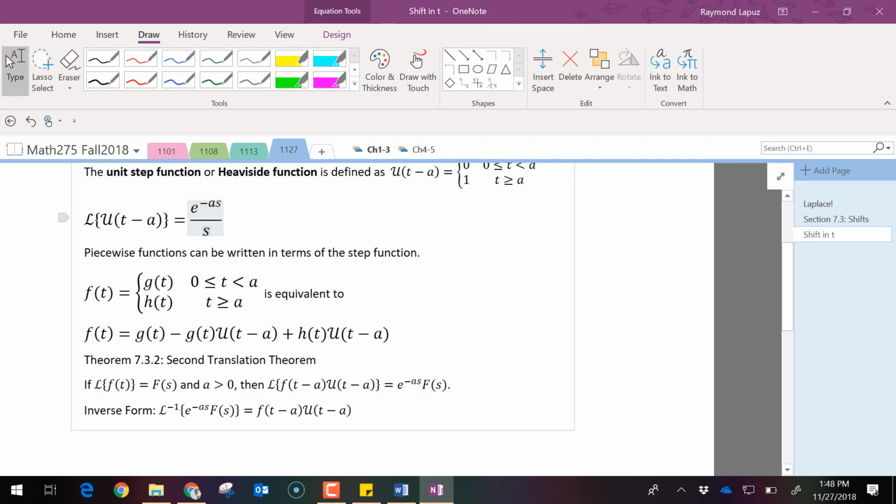And so this is how they get the 1 over s here. Okay? So more generally, your Laplace transform would look something like this. And usually when you do a shift in the t world, there is going to be some shifting going back to the s world. And so in that shifting going back to the s world, we're going to need to use the step function.